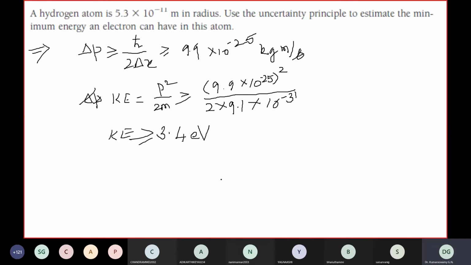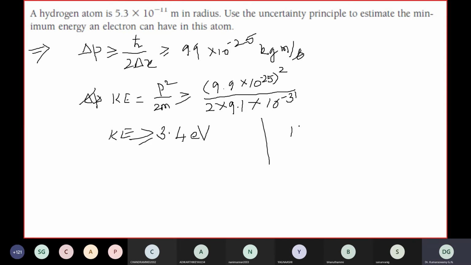If an electron is moving in the lowermost orbital of the hydrogen atom, this should be the minimum energy it possesses. Sir, directly the joules came? No, joules is different. This is electron volt. What is the actual answer, sir? The actual value is 13.6 electron volt.